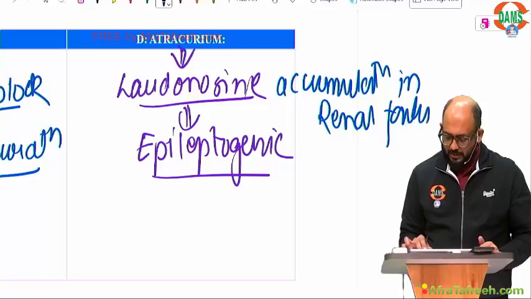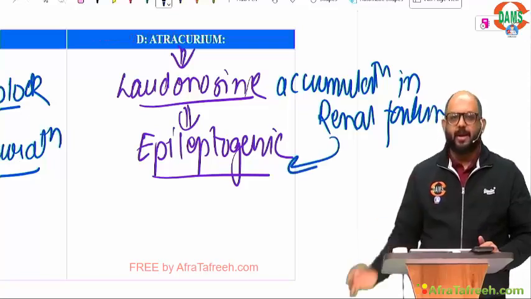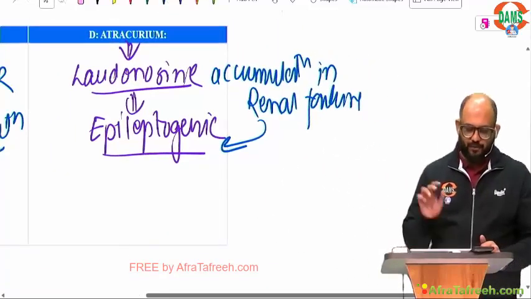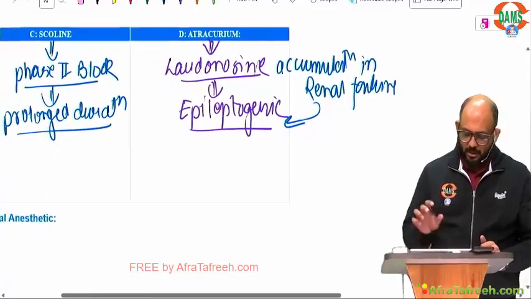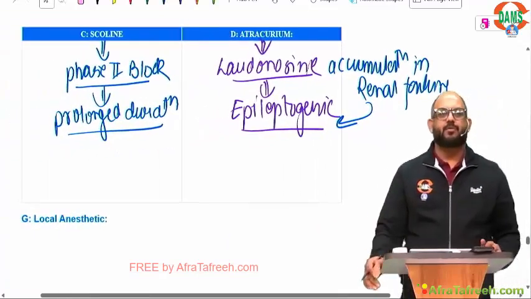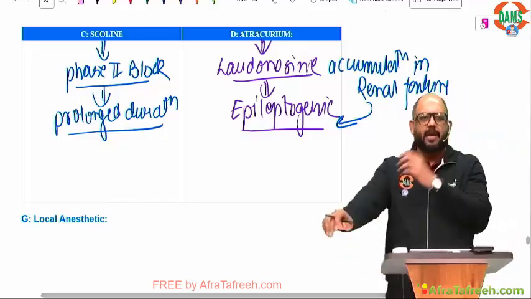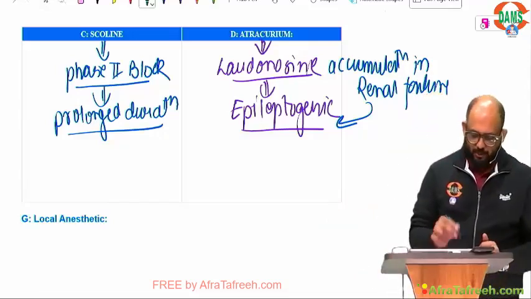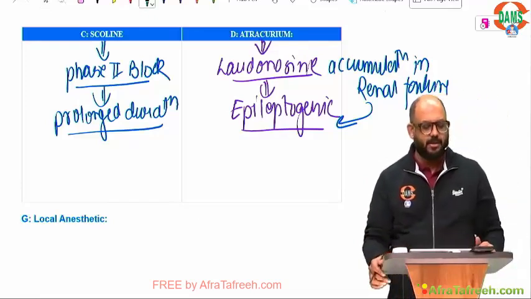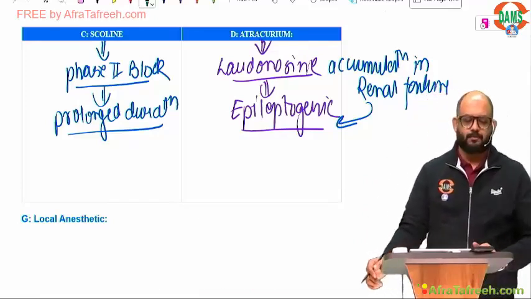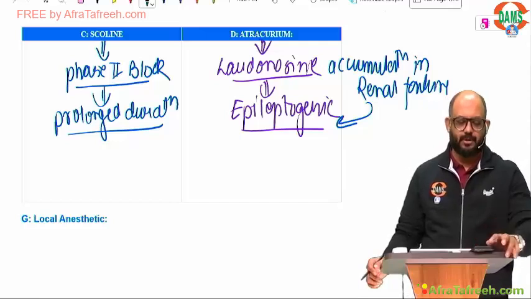So when there is a renal failure patient and you put a long-term infusion of atracurium, then you get epileptogenic, seizure inducing potential.